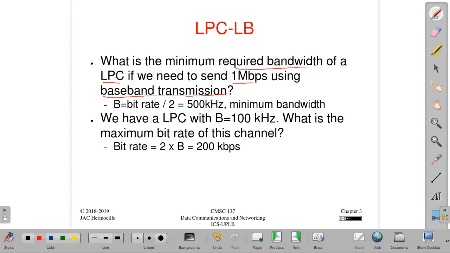So first, the bandwidth is equal to the bit rate divided by 2. Okay, so we have 1 Mbps, 1,000,000 bps divided by 2. That will give us a minimum bandwidth of 500 kilohertz.